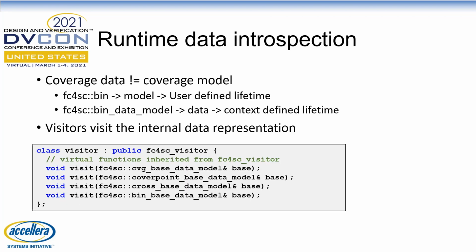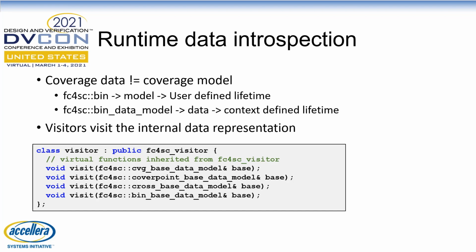As I mentioned before, there is a separation between the coverage data and the coverage model. For example, the bin model is implemented by the FC4SC bin class, whereas the bin data representation is implemented in the bin data model class. I'll not focus on the difference too much, but what is important to know is that the lifetime of the data is dependent on the context it is defined in.